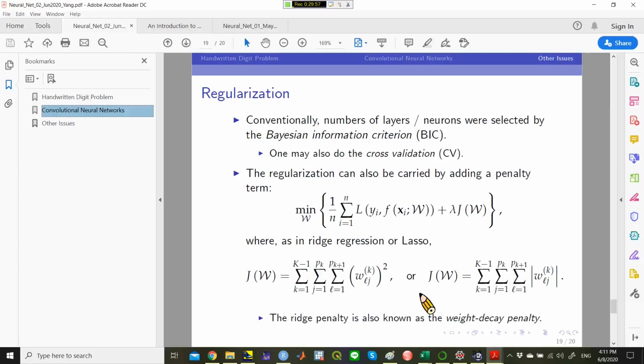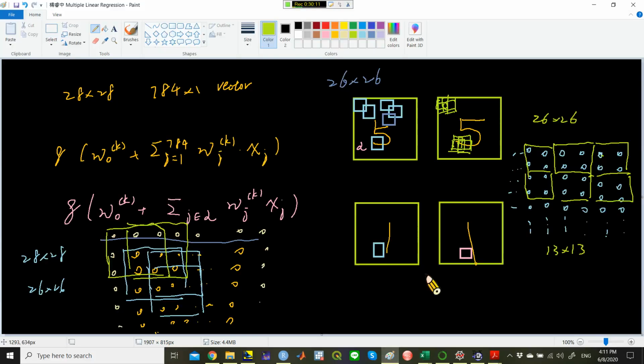Intuitively, we should be able to select the number of neurons. So remember when we were doing the basis function expansion, let me erase this part on my blackboard.